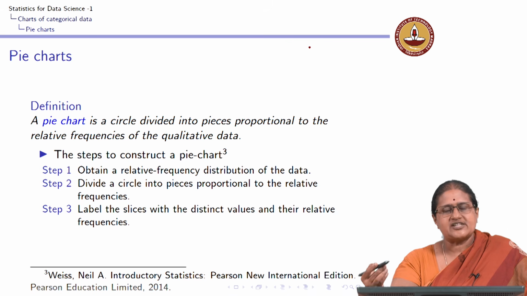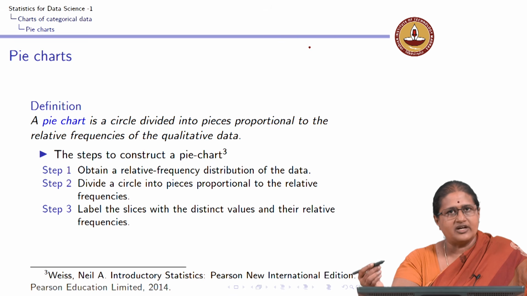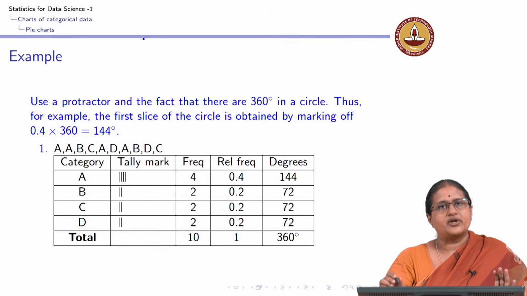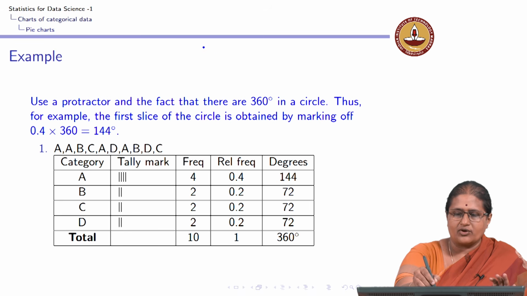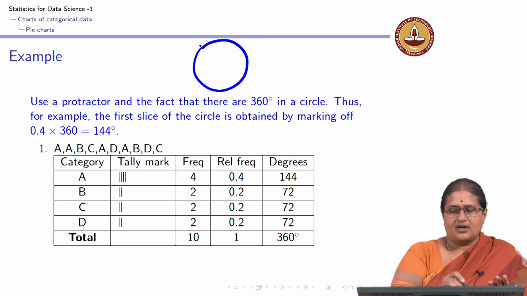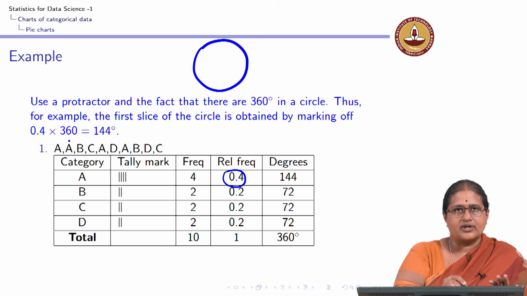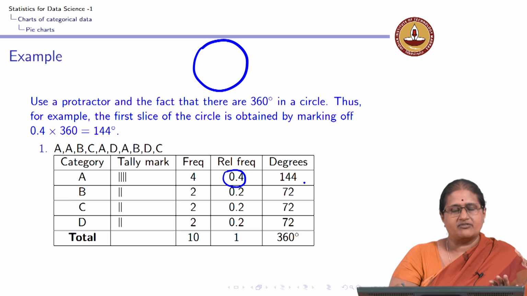So, how do we construct a pie chart? Again go back, we know how to construct a relative frequency table. How do we obtain a pie chart? You can see that I start by drawing a circle. Now, for example, the relative frequency of A is 0.4. I multiply that with the total number of degrees in a circle, which is 360, and I have 144.